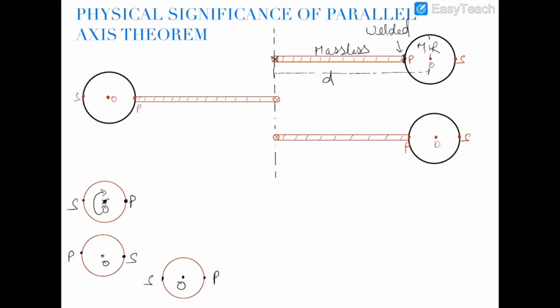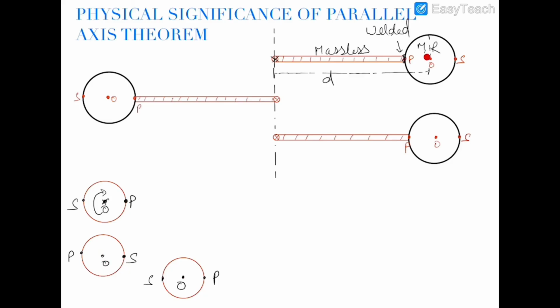So in the case in which this ring was rotating about the center of mass axis, the moment of inertia about this axis would be ICOM only, and the center of this ring was at rest.